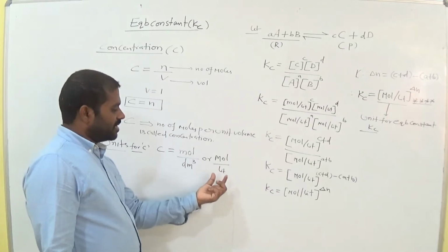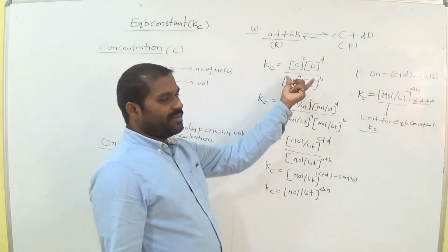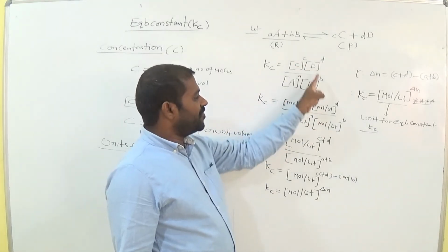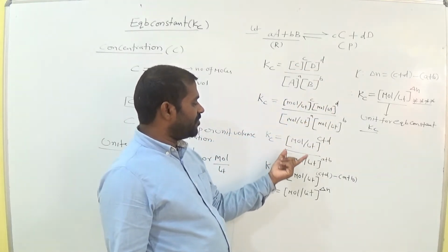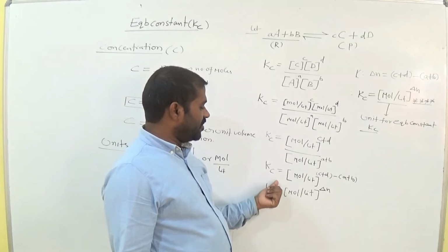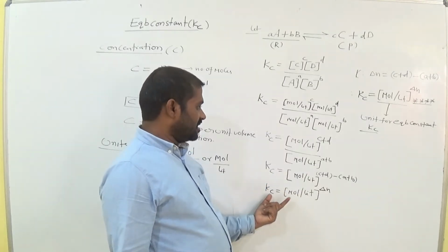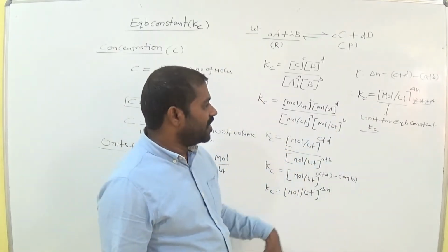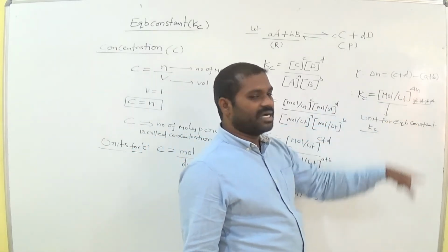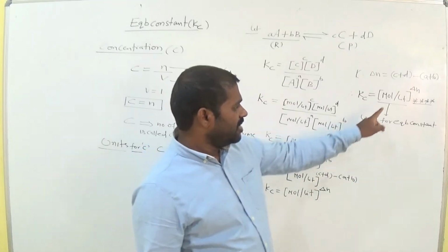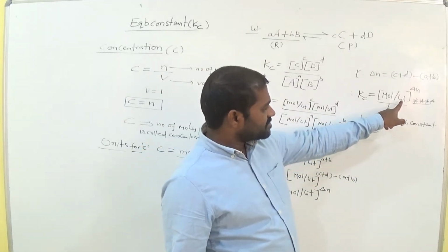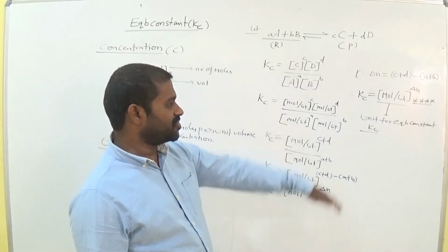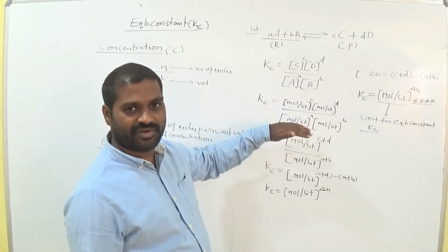Mole per liter. Keep this in the above equation, mole per liter whole power c, and so on. Finally we get this expression. So this is the unit for equilibrium constant Kc: mole per liter whole power delta n, or mole per decimeter cube whole power delta n. Is it clear for everyone?